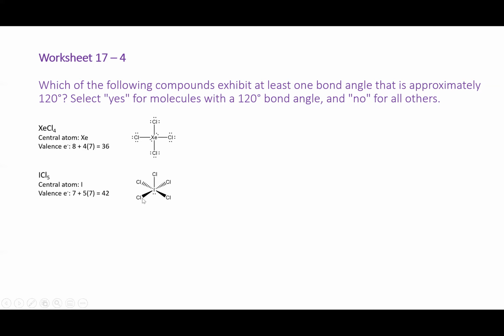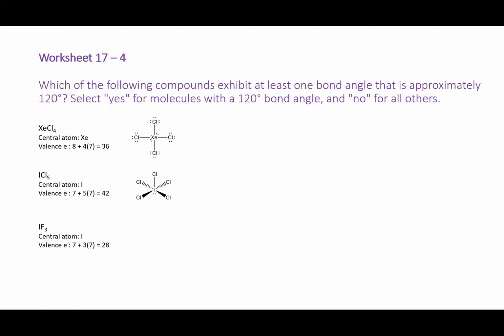So this chlorine to this chlorine here is about 90 degrees away from each other. And these neighboring chlorines here in the equatorial position are also about 90 degrees away from each other. So in this case, we also do not have a 120 degree bond angle.